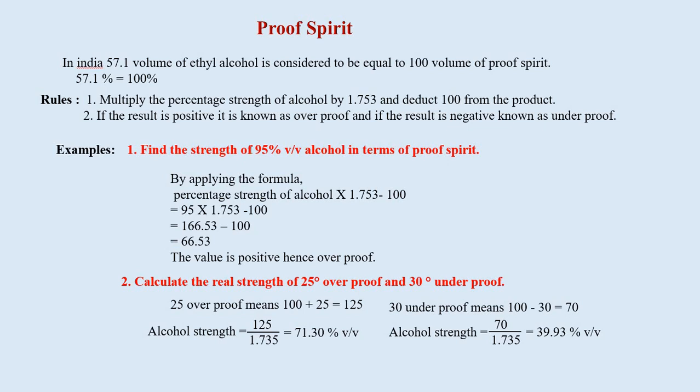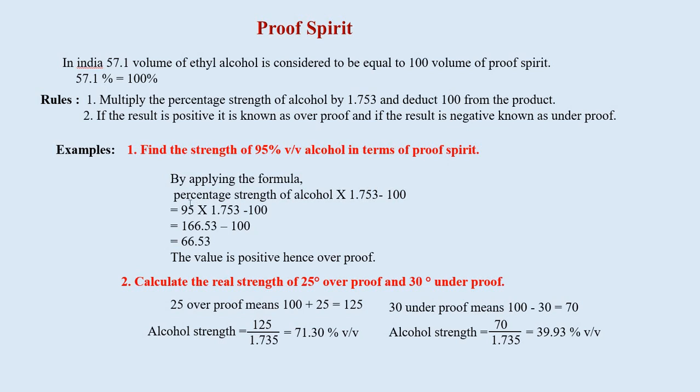Suppose we must find the strength of 95% volume by volume alcohol in terms of proof spirit. What is the formula? If we convert this sentence into a formula, it is percentage strength of alcohol, whatever is given in the question, into 1.753 minus 100.